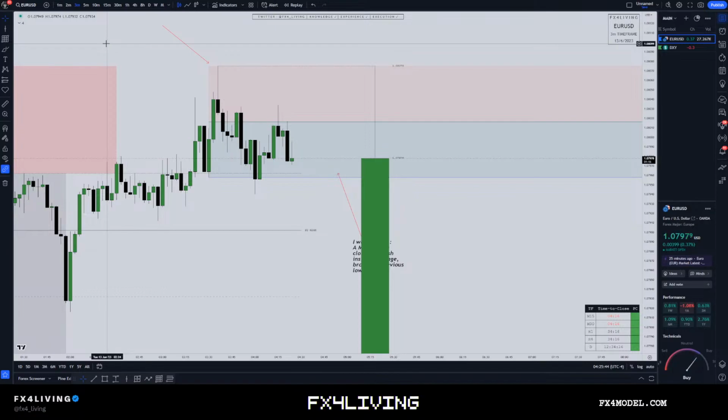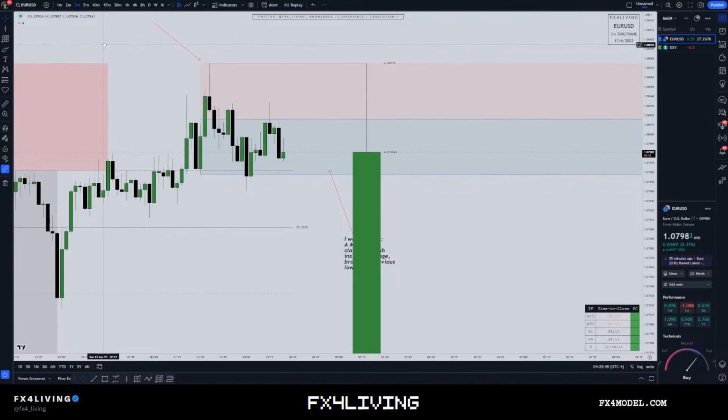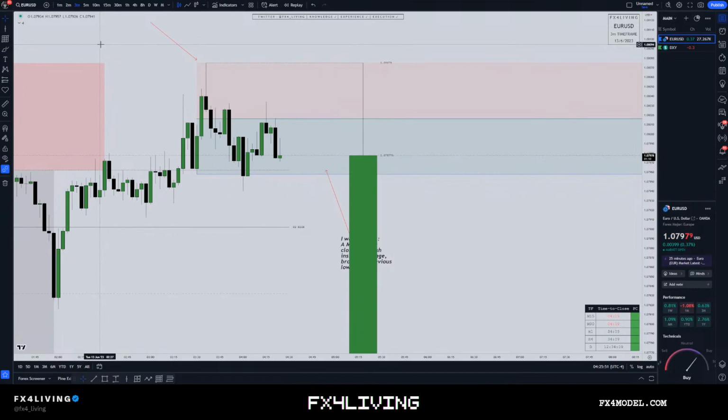Where do you find it's not a continuation and price should reverse from there? That's where you want to use the ICT PD arrays, the ICT premium discount range, and make everything on the same pool, you know.